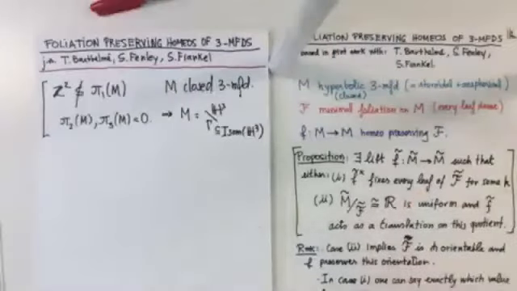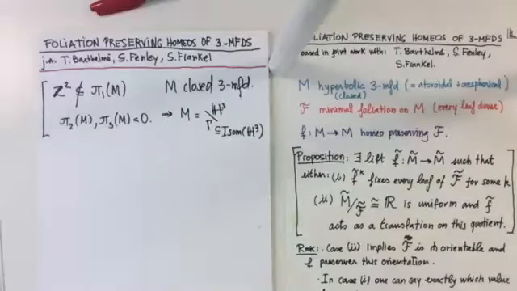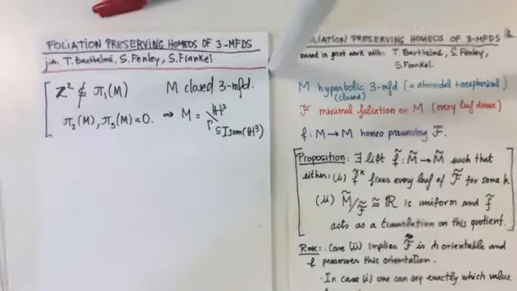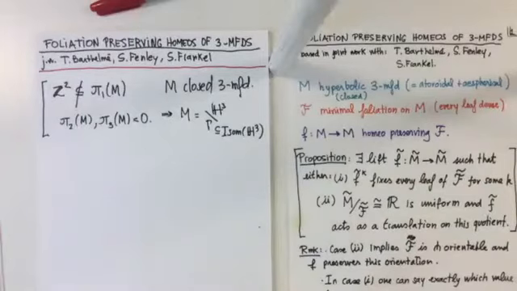And I will consider a minimal foliation in the 3-manifold, and I want to study homeomorphisms that preserve this foliation. It is somewhat of a generalization of studying homeomorphisms of surfaces. If you were at Mathilde's talk a couple of weeks ago, it's a similar setting: you have a dynamics that preserves a foliation.